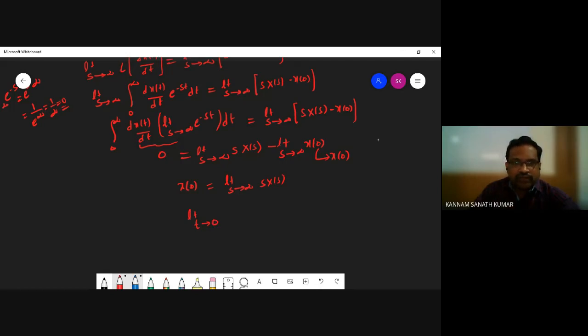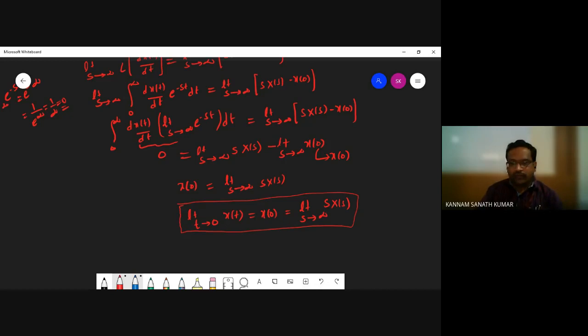As t tends to 0, x(t) is nothing but x(0), which equals the limit as s tends to infinity of s X(s). So this is the initial value theorem.